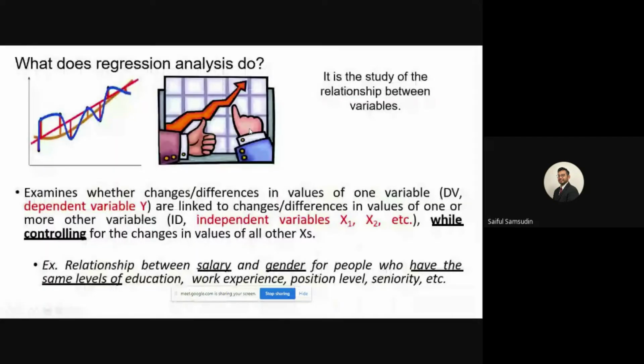Okay, what does regression analysis do? It is used to know the relationship between independent and dependent variables, like I said before. So we will link the changes and values of one or more other variables.